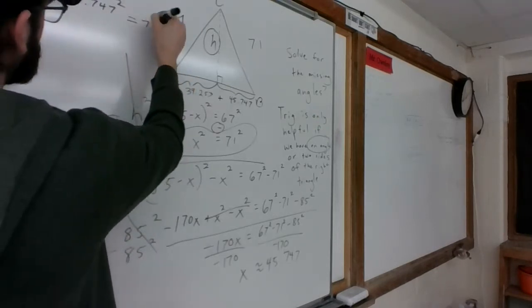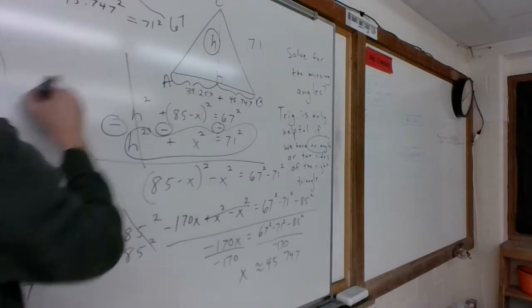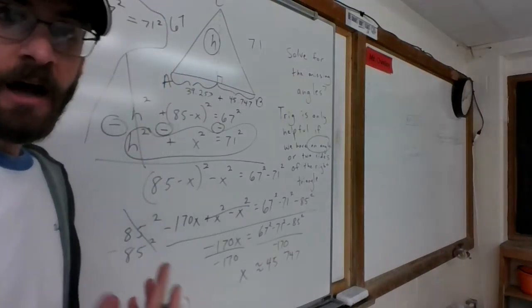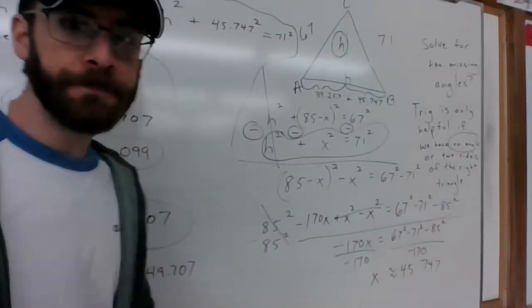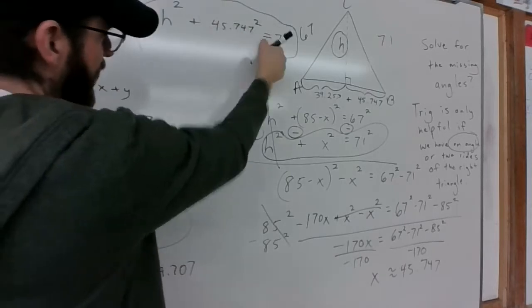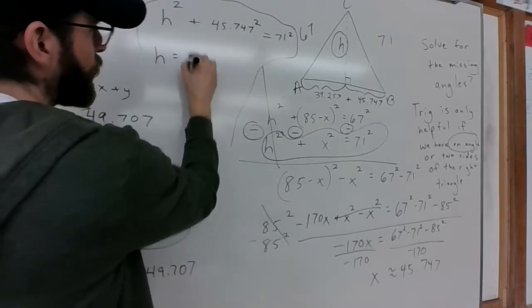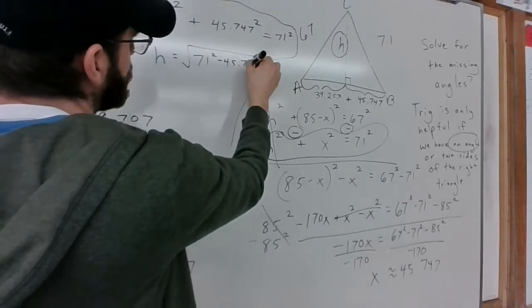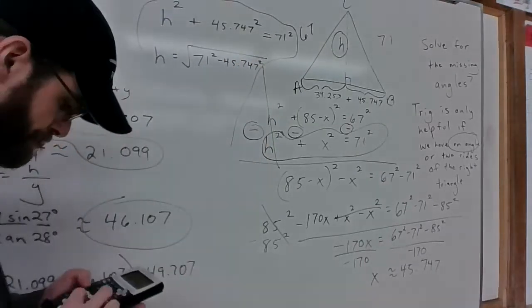There it is. This will be the more convenient way of getting h by itself. So subtract that from both sides and then square root it. So it's the square root of 71 squared minus 45.747 squared.